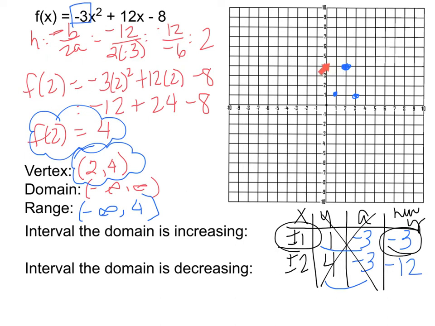I'm going to go over 2 and down 12. Now this one's nice because I'll be able to put the whole thing on there. 1, 2, 3, 4, 5, 6, 7, 8, 9, 10, 11, 12. Cool? And then to the other way, over 2 and down 12.